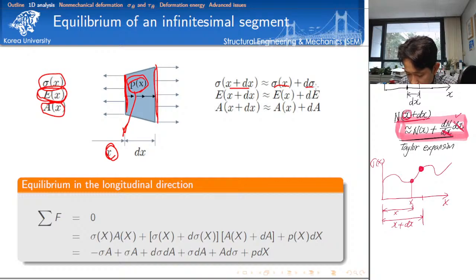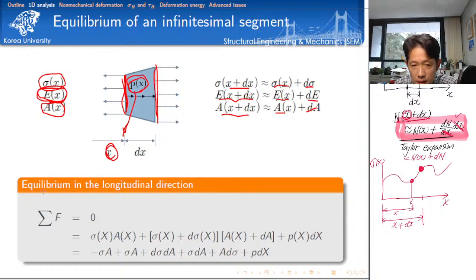That's why it is given by nx plus the change of internal force. So this point is very clear, isn't it? And then here, the elastic modulus is the elastic modulus measured at the left-hand side, plus the change of elastic modulus. And then the cross-section area too. So I hope everything is clear to you.